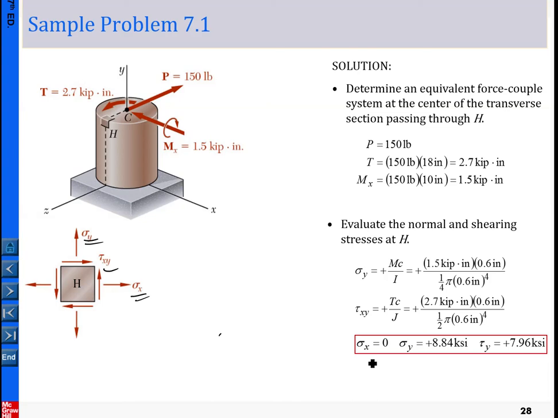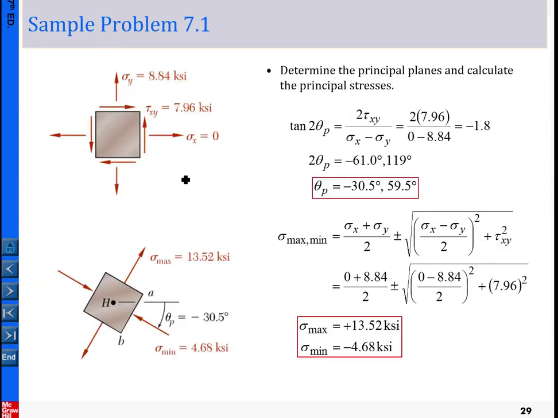So we have sigma x equal to 0, sigma y equal to positive 8.84, and tau equal to positive 796. Given this information, we begin to find the maximum principal stresses and principal orientation. The remaining we simply plug into the formulas described in this section.